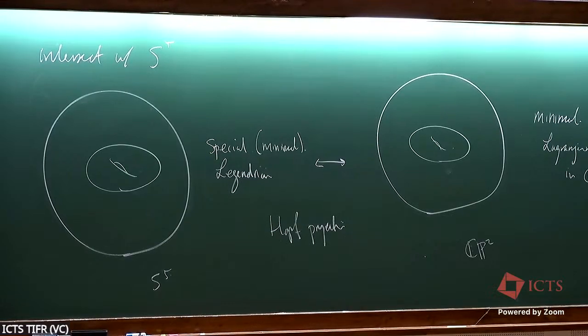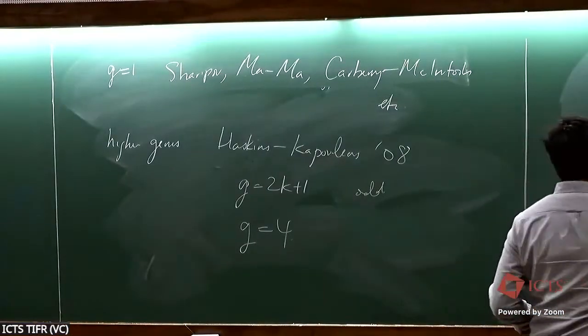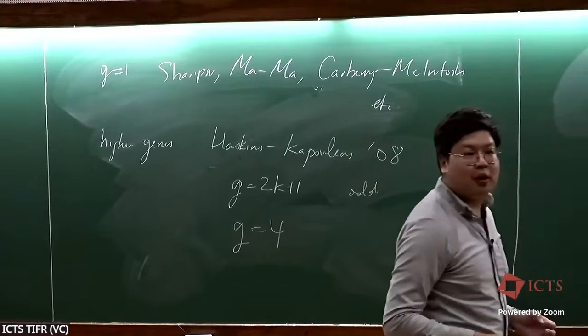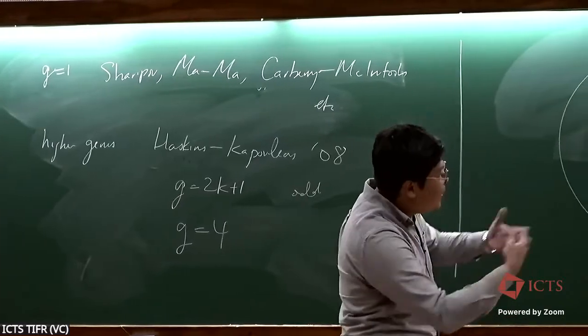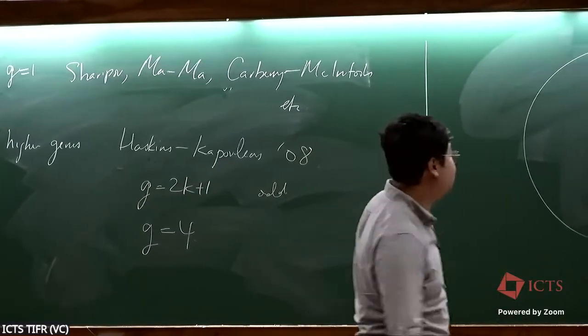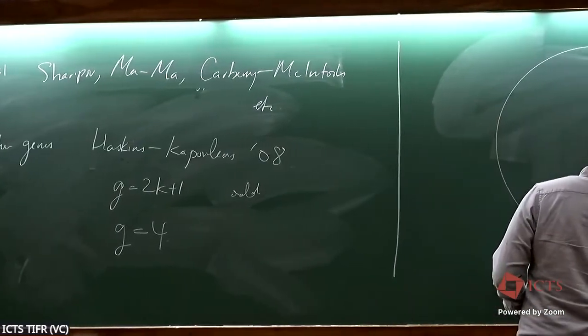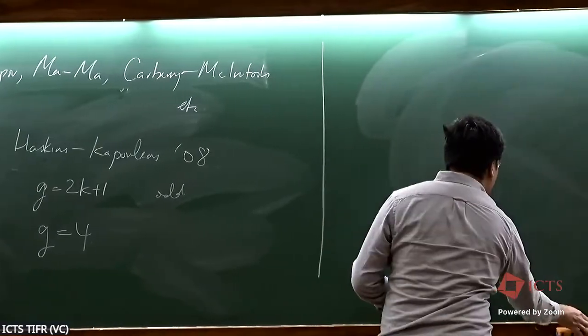So Haskins in his thesis comes up with these special Legendrian cones, and so if we're working in S5, here's S5, the simplest example of a special Legendrian surface is the two-sphere. So you take an equatorial two-sphere, and I just draw a two-sphere.